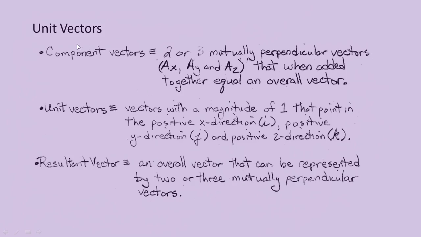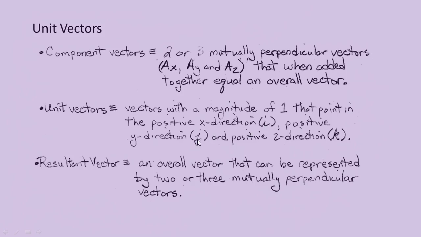So again, the component vectors are the perpendicular parts of a total vector, also known as a resultant vector. And unit vectors are similar to component vectors except they have a magnitude of 1. So for instance, the i unit vector is going to lie on the x-axis, and point in the positive x direction and have a magnitude of 1 unit.